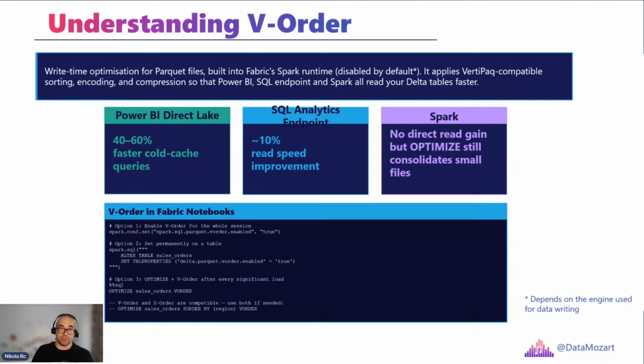Essentially, to cut the story short, V-order is you pay the price when you are writing the data into Fabric, but you will probably see a big benefit, especially if you're using Direct Lake storage mode for your Power BI report. So longer data writes, faster data reads, to cut the story short about V-order.